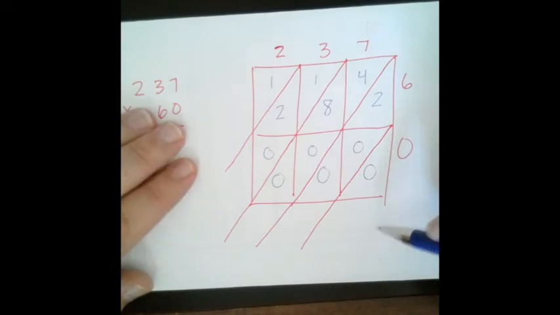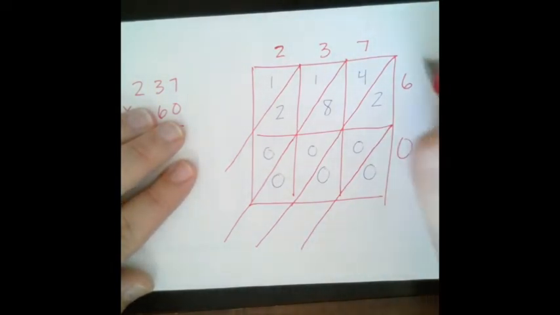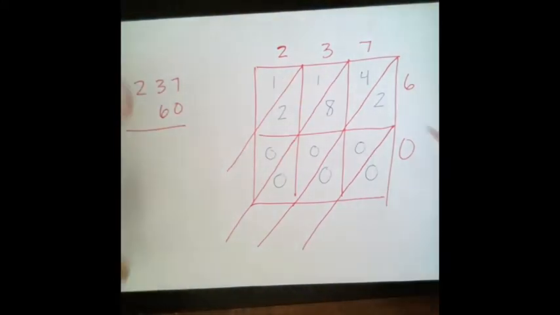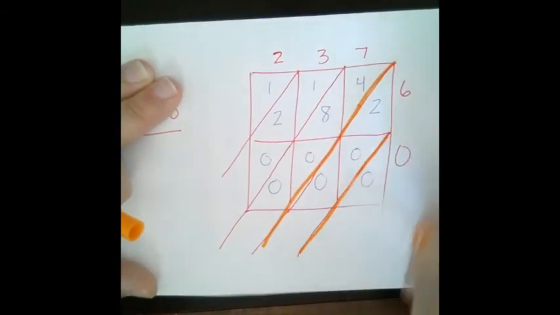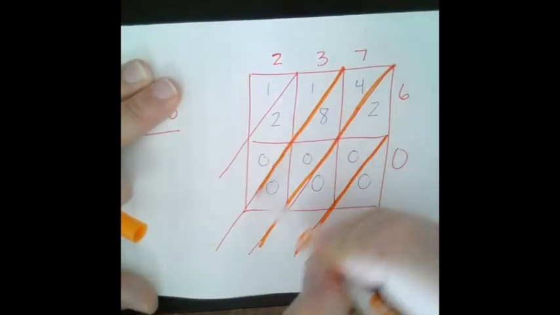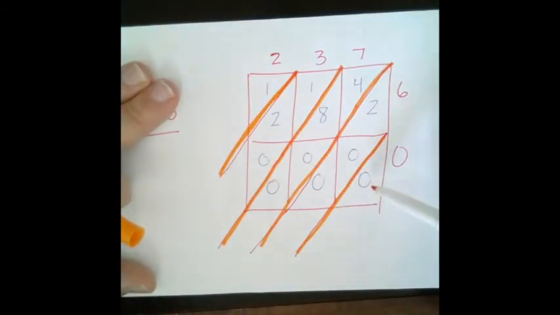Okay, now I'm just going to add my diagonals. I'm going to make my diagonals a little thicker to show you which way I'm adding. Squeaky marker, sorry about that. Okay, so I'm going to add my 0.